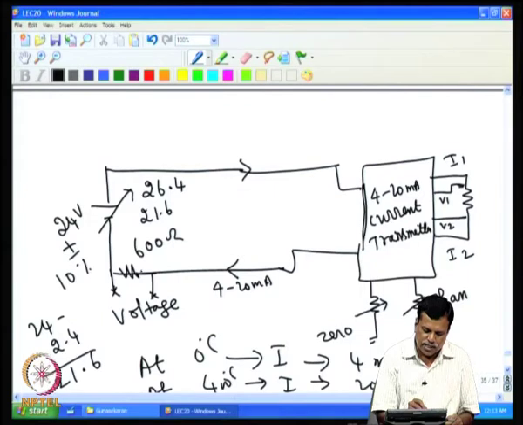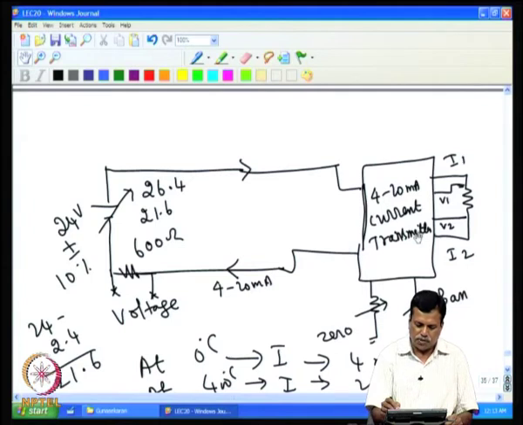Suppose the current is 20 milliampere, then if 600 ohm is put, you will have 12 volt drop here, and if the input is 24 volt, then only 12 volt will appear as a supply to the instrument.